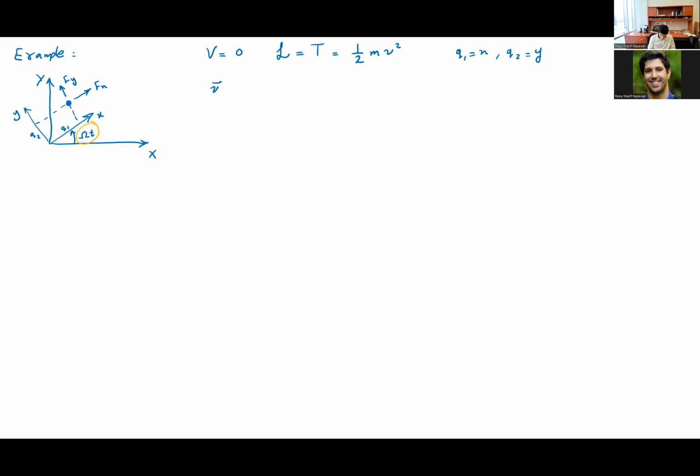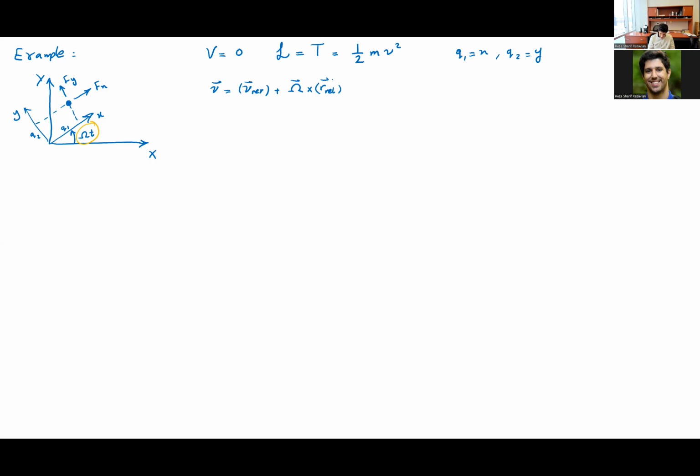So I know the velocity in the inertial frame is the relative velocity that the observer moving with the rotating frame sees, plus the rotational effect of the frame itself, omega cross the position of the point in that space.